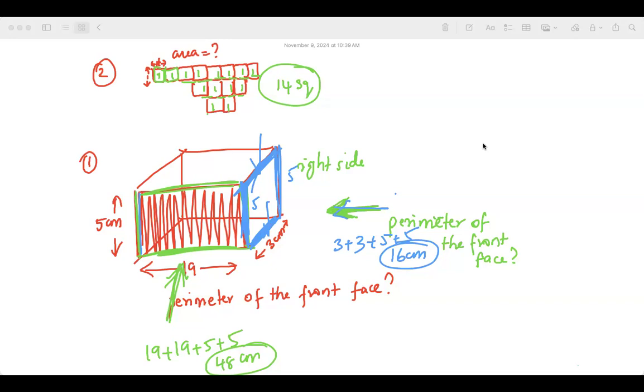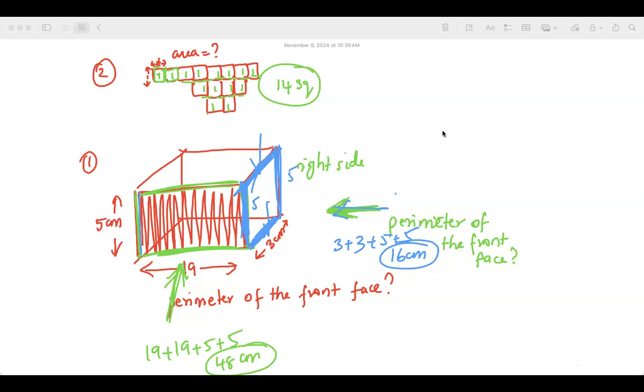Not 18, right? Where did you add the extra? I thought you were supposed to add 5 plus 5, 5 plus 3, but I didn't notice something. I see. Okay, 13, 16.